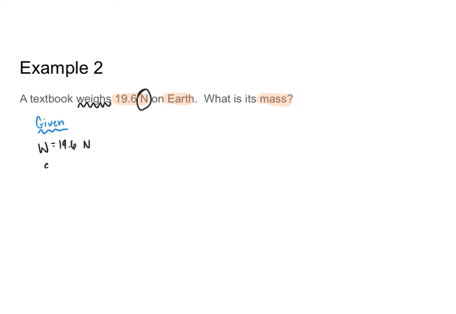I also know that on Earth, my gravitational acceleration is 9.8 meters per second squared. And reading the question, I can tell that my unknown is my mass. Thus, I will want to use the equation W equals mg to find my mass.